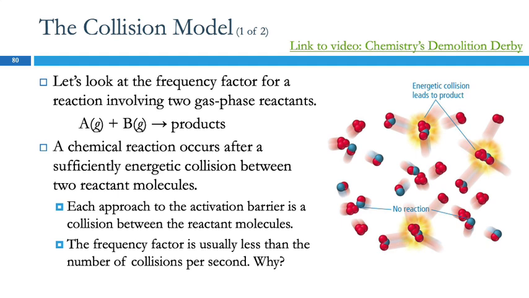Okay, so let's look at a frequency factor for something that has more than one reactant. Here we're looking at A plus B to make some products, and here you have an illustration. So a chemical reaction is going to happen if you have a sufficiently energetic collision between two reactant molecules.